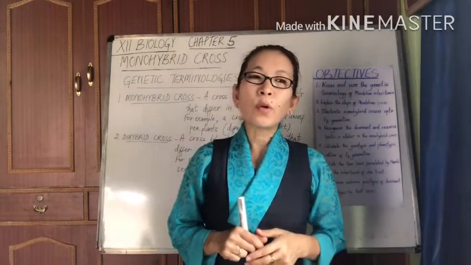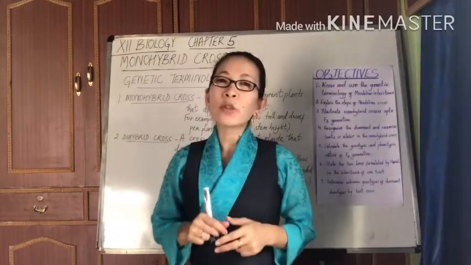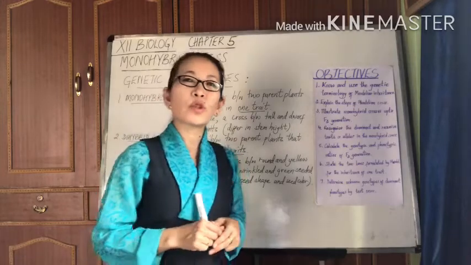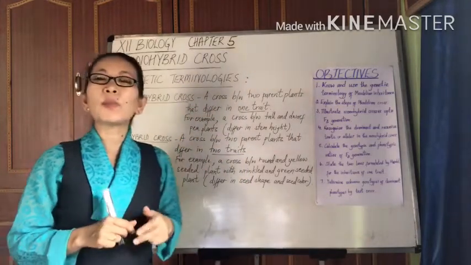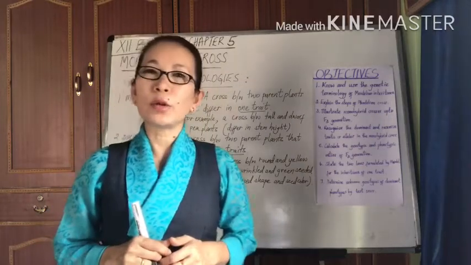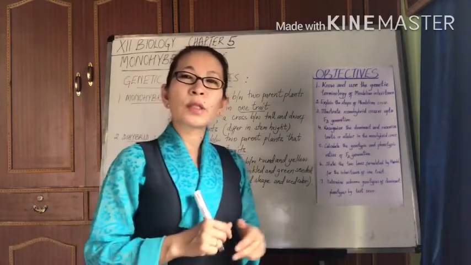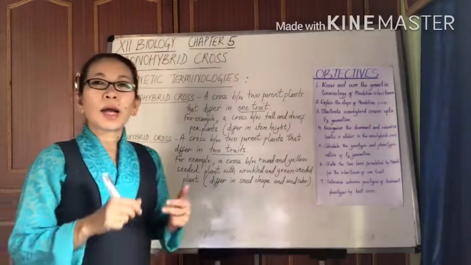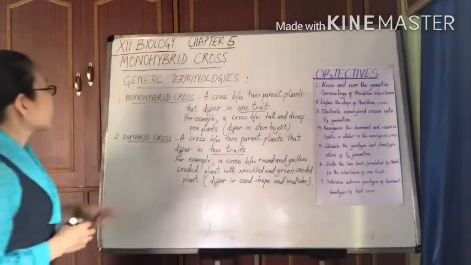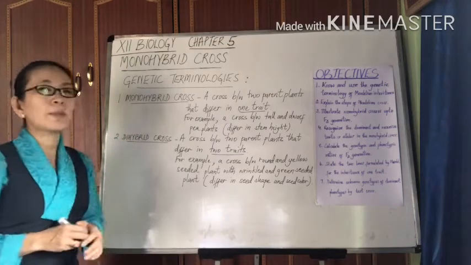Now, before I go into my actual lesson on monohybrid cross, I would like to introduce you to some of the genetic terminologies which form the essence for understanding Mendelian crosses. The first two terms are a recap from the previous lesson, where the first term here is monohybrid cross.